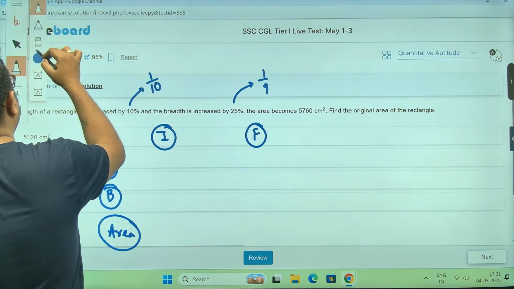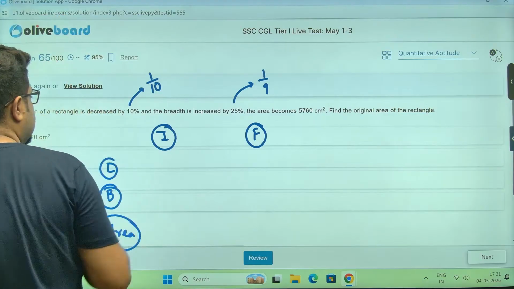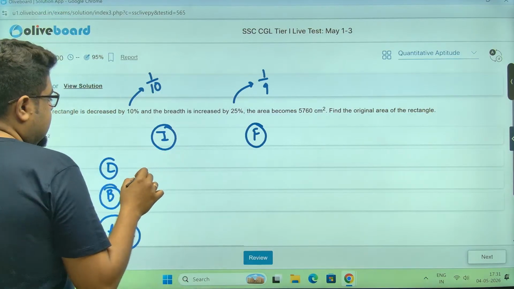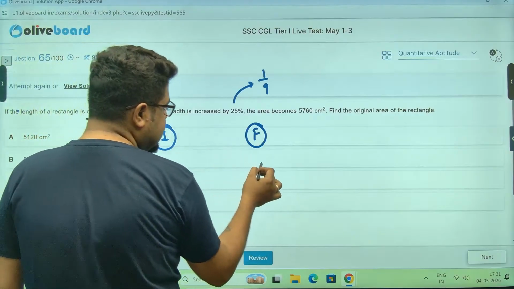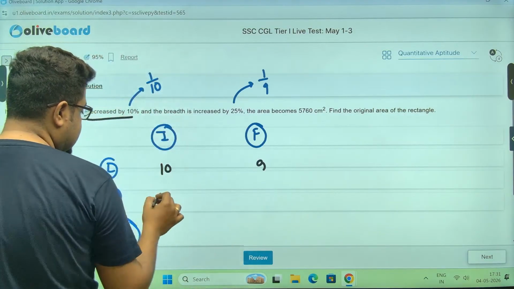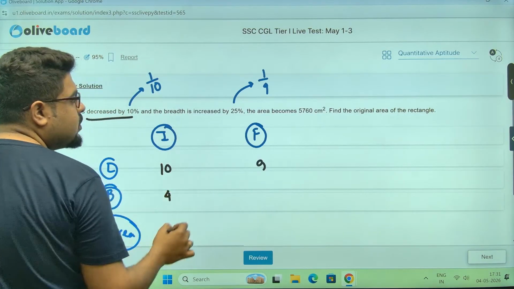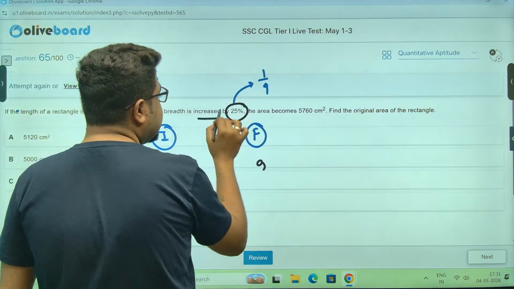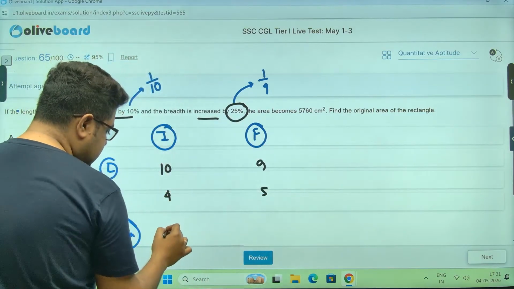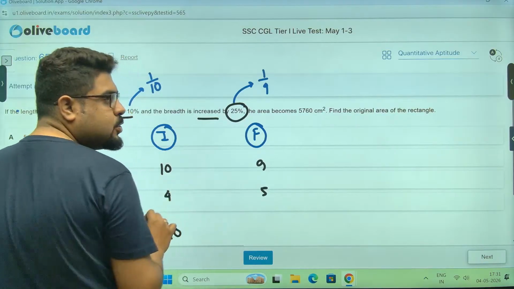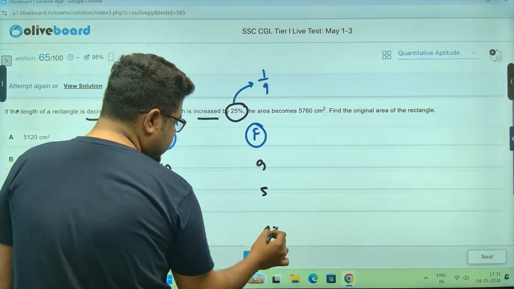Sir, what were the values? Length, let's say it was 10. So now it has been decreased by this, so it is now 9. Breadth, let us say it was 4. Now it has been increased by 1, so it is now 5, sir. So initial area was 40, length into breadth, it is now 45.